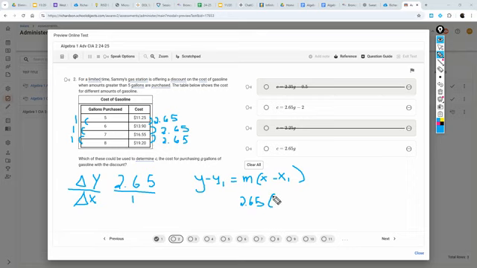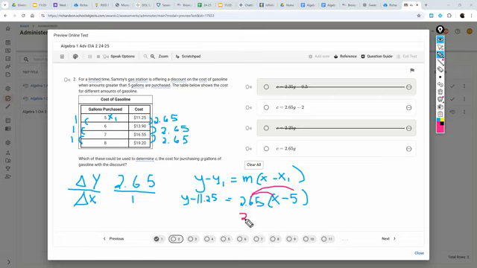My x1, I'm going to use 5, so I'm going to put minus 5. This is going to be my x1. And my y1 is going to be 11.25. Okay, and then after that, I'm going to do distributive property. So I'm going to multiply this 2.65 to each term, and I see what I get.